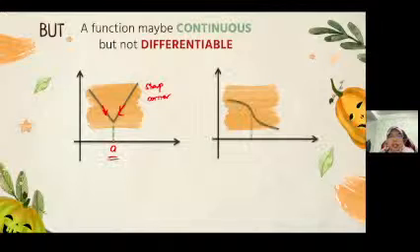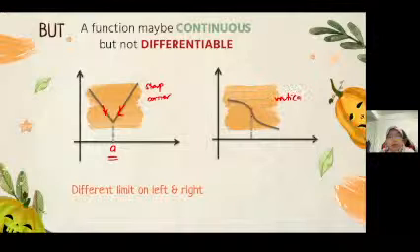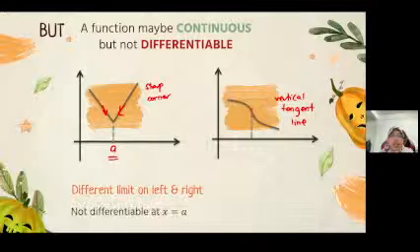And then this is for something called a vertical tangent line, where the gradient is infinity. Okay, so if you have a different limit on the left hand side and right hand side, which is the first case, then we can say that it is not differentiable at x equal to a.